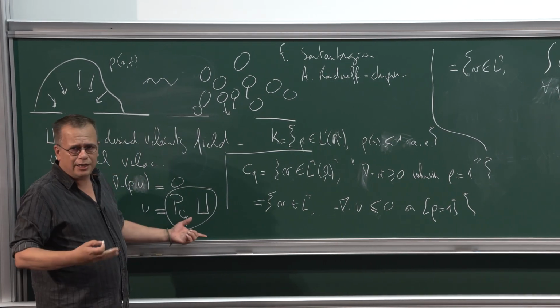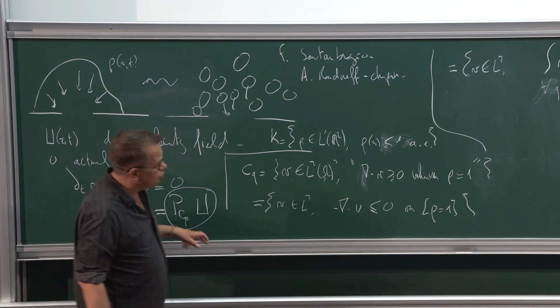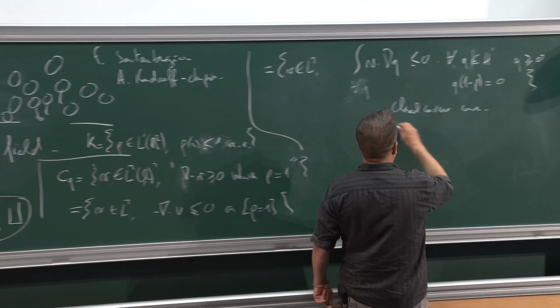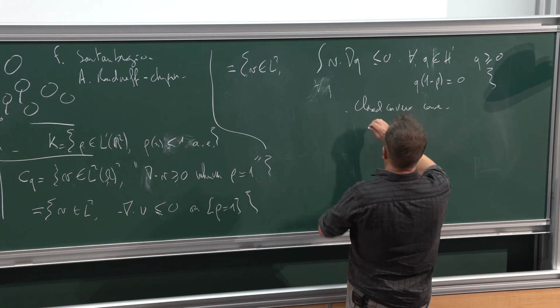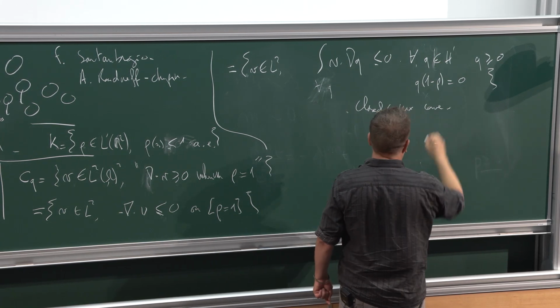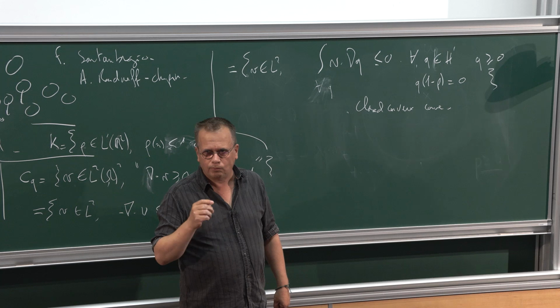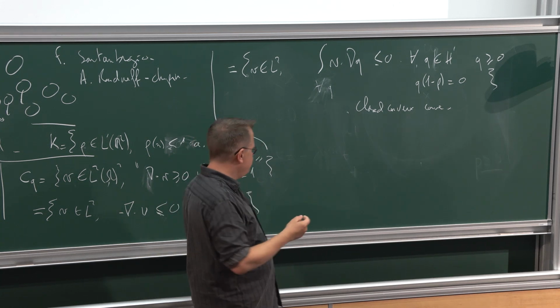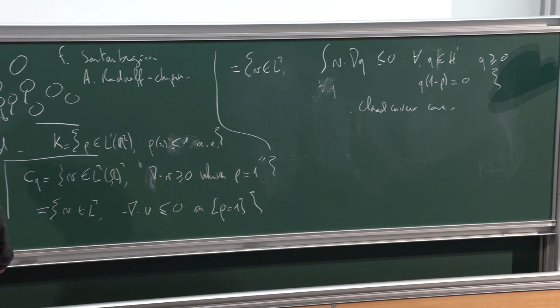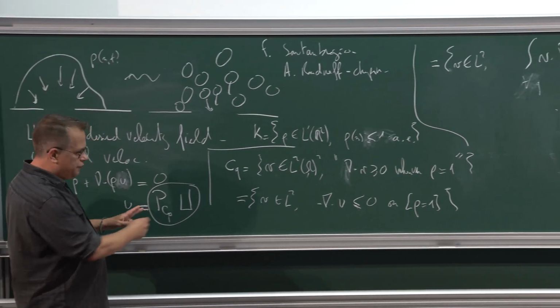But so what is complicated? This step, because you project on something that is a very classical set, like everything is okay, closed convex cone, etc. And what's the problem? The difficulty lies in the fact that this is very irregular.